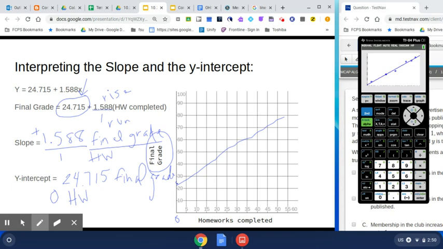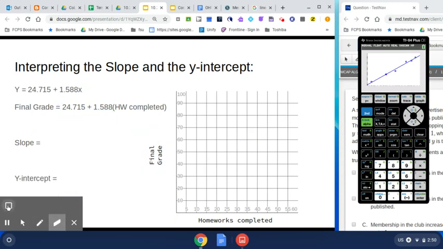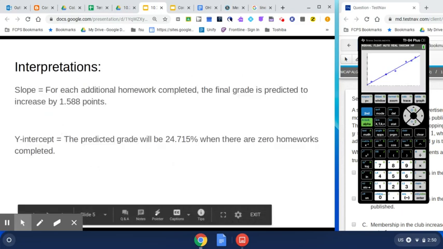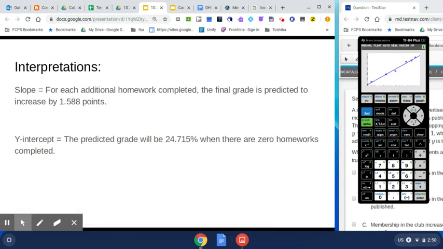So when we interpret the slope and the y-intercept, we do want to make those into sentences. We want to write a complete sentence for those. Looking at those sentences, I have, for each additional homework completed, the final grade is predicted to increase by 1.588 points. That's my interpretation for slope.